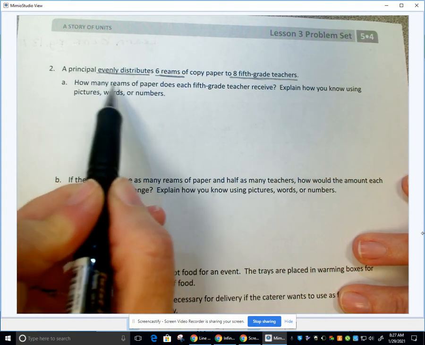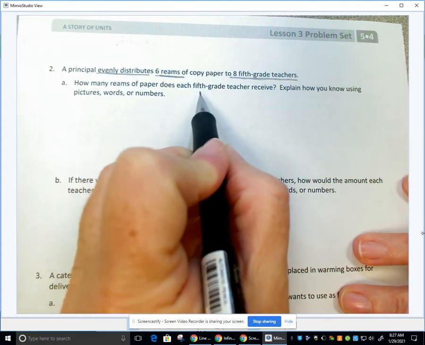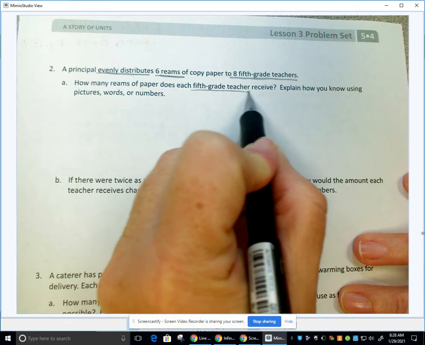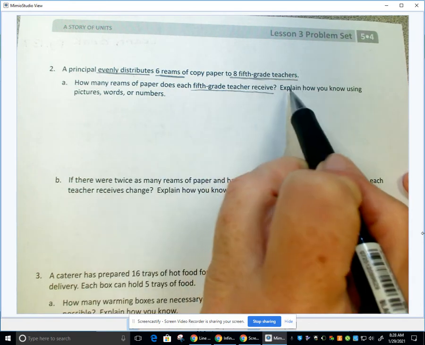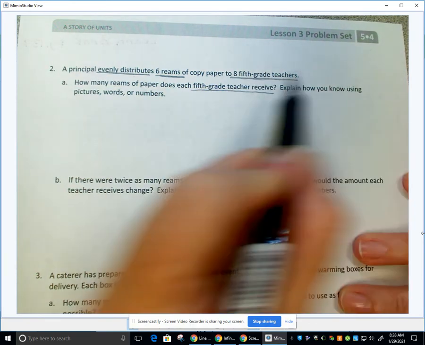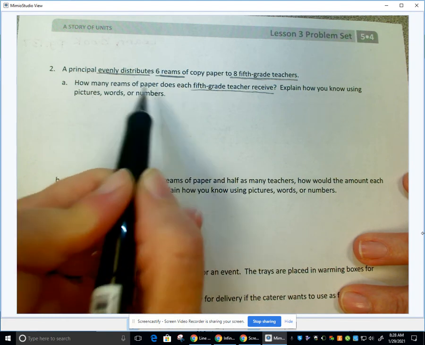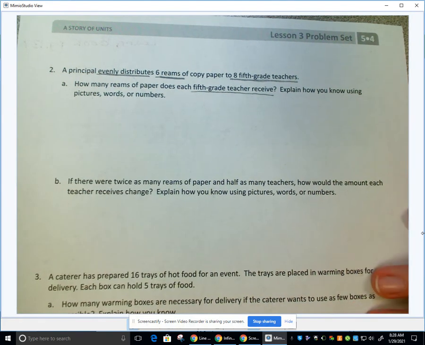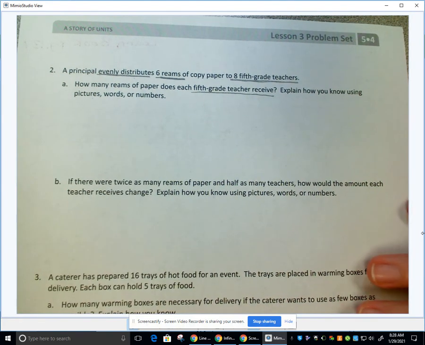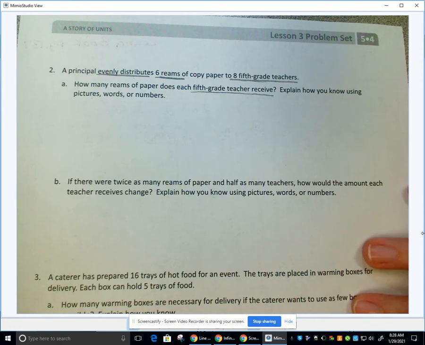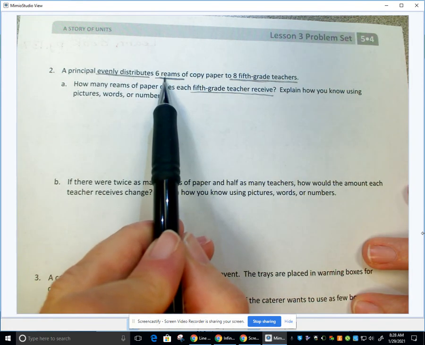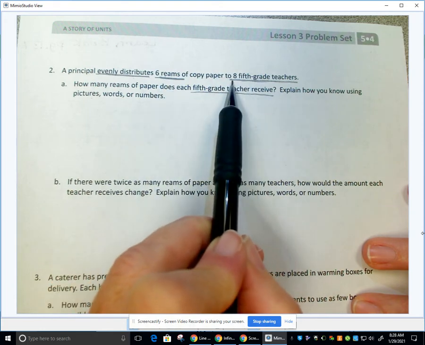All right, it says, how many reams of paper does each fifth grade teacher receive? Explain how you know using pictures, words, or numbers. Let's look just a minute. We've got 6 reams of paper that's going to be spread out into 8 groups.